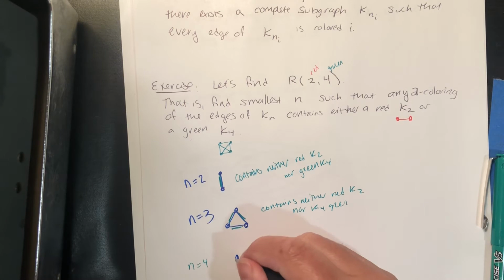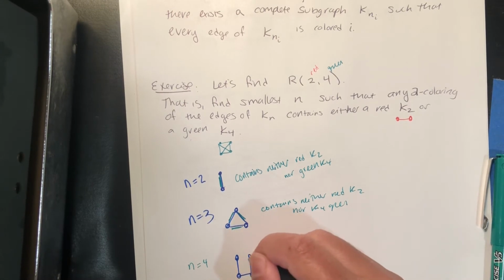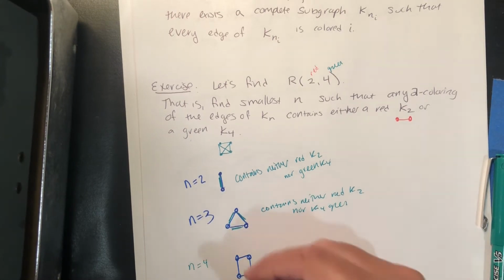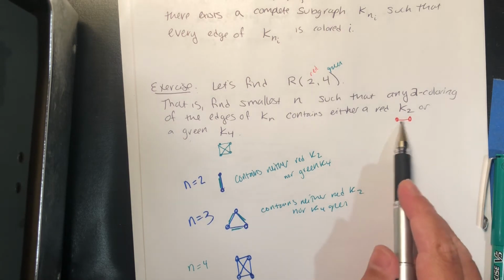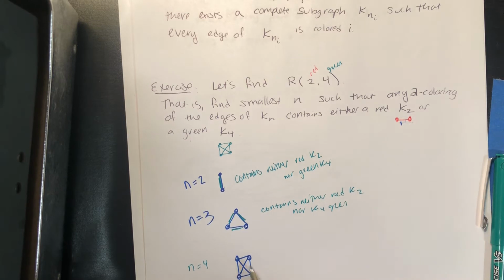All right. We could try to play around with it a little bit. Oops, K4 looks like this. And we're trying to color it in such a way that this coloring does not contain a red K2 and also does not contain a green K4. Well, if I don't want it to have a red K2, then I really can't use the color red at all, because as soon as I color one of these edges red, you're done.